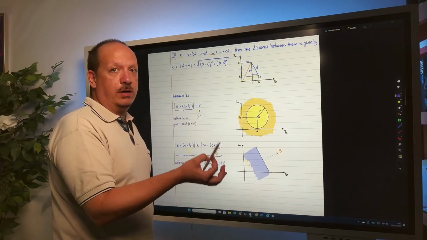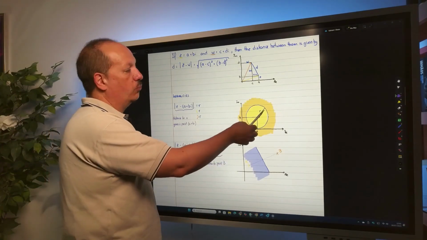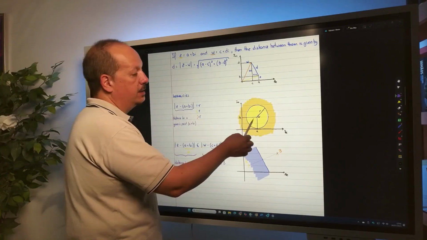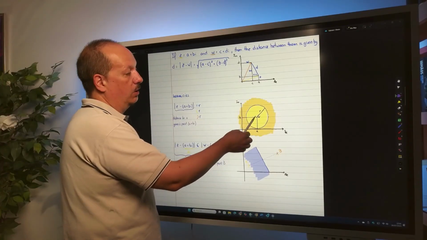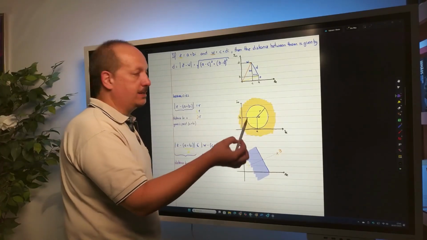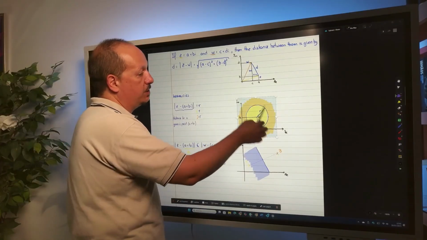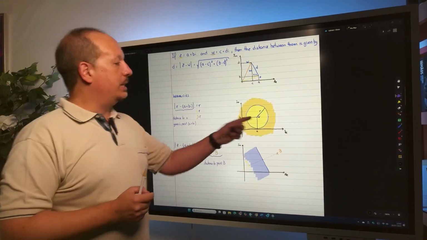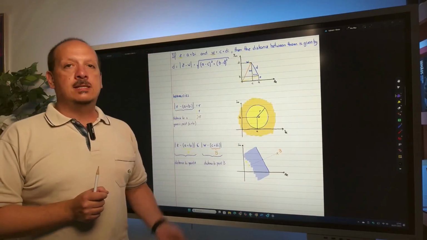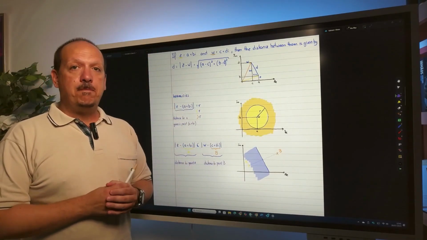Whatever it is, this may be, for example, 3. If the distance to point a plus b i is always 3, the position of that point may be here, here, here, here. Basically, it's going to be just a circle with a center on the complex number a plus b i.